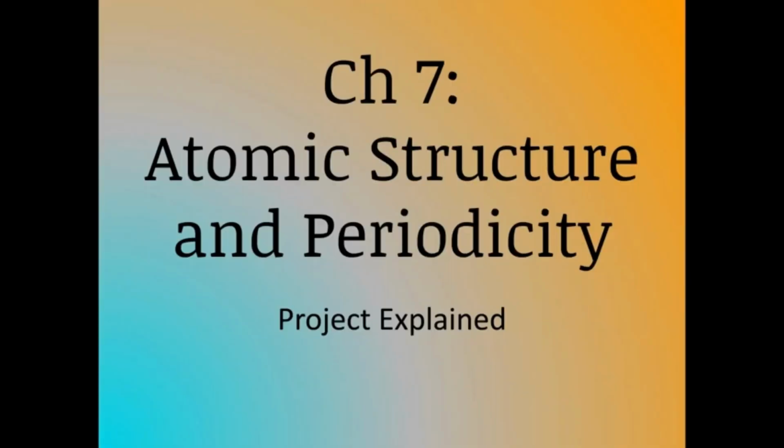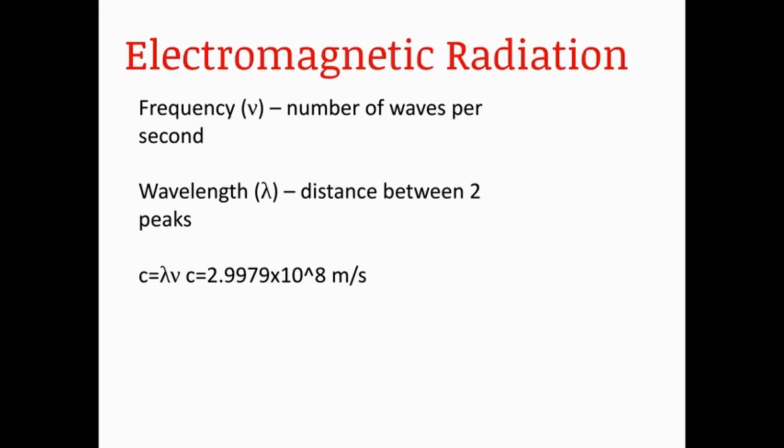Alright, let's wrap up the video with a review of chapter 7, which included a lot of different topics, but some of them were atomic structure and periodic trends. One of the topics it included was electromagnetic radiation. We had the equation c equals lambda nu.